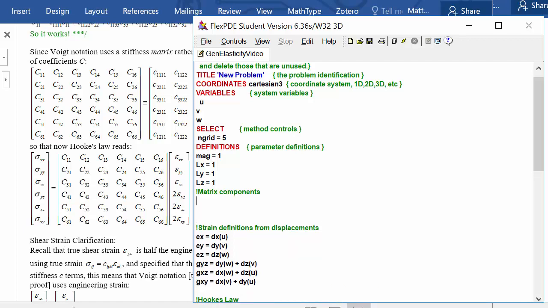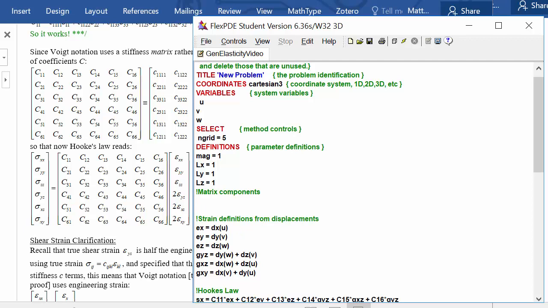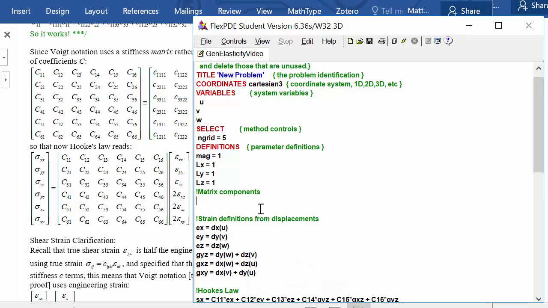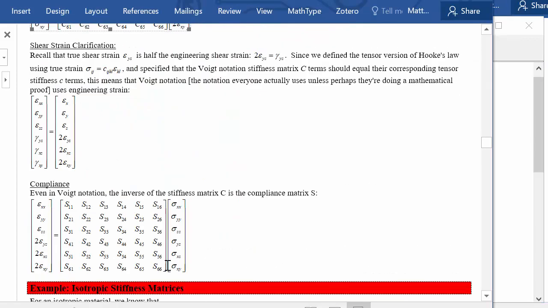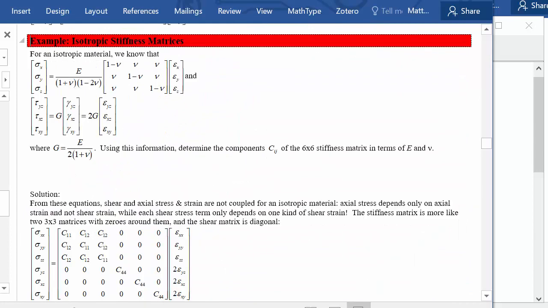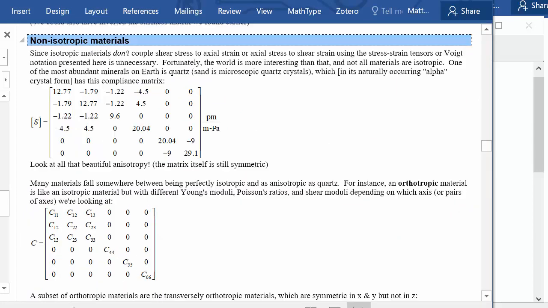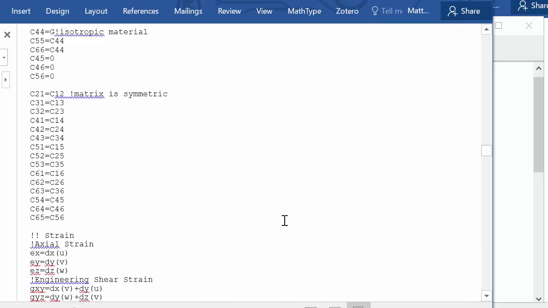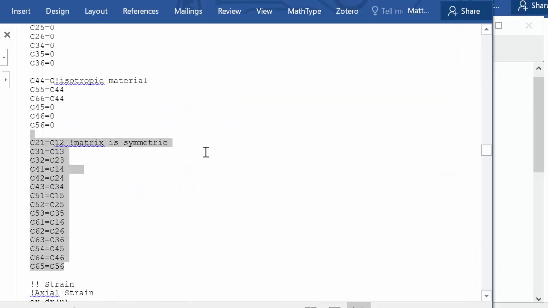Now, next thing to do is to type in the actual matrix component. So here we've got this all in terms of C11, 12, 13, etc. So we've got 36 entries to type in, but there's a way to save a bit of time on this. Since it's always going to be symmetric, you can copy down the notation that's going to force it all to be symmetric, which is this set of equations here.